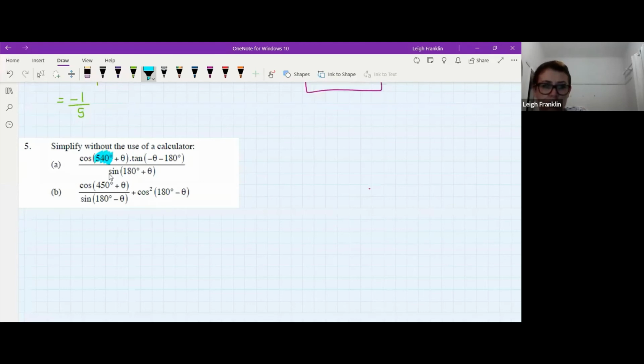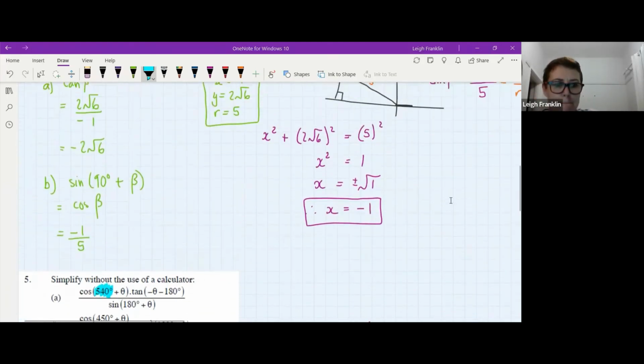Anybody know? Let's just see what you guys are saying. Can we reduce these angles? You can. Reduction, absolutely, guys. How would you reduce it? What would you do here? Paul, say it.